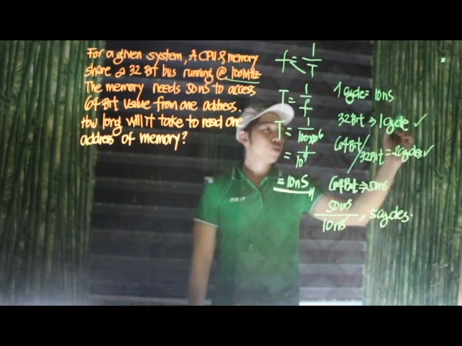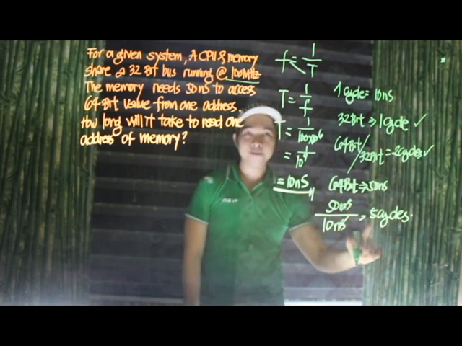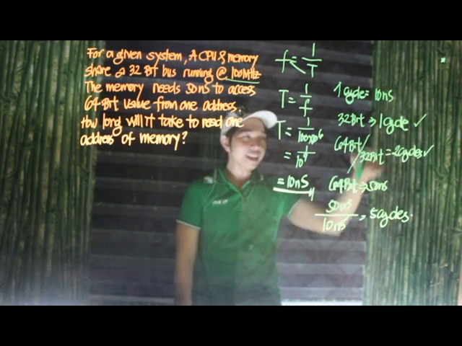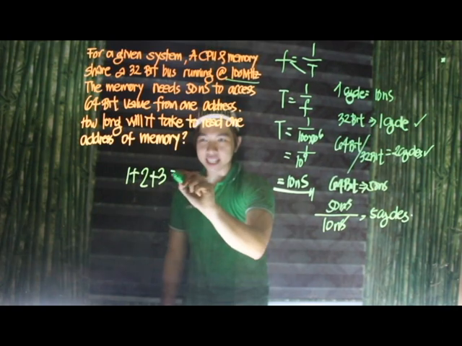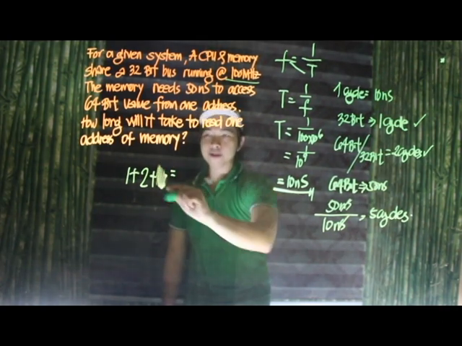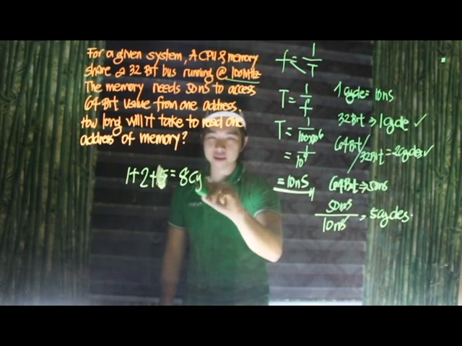So we have 1 cycle, 2 cycles, and 5 cycles. Add that up: 1 plus 2 plus 5 gives you 8 cycles.